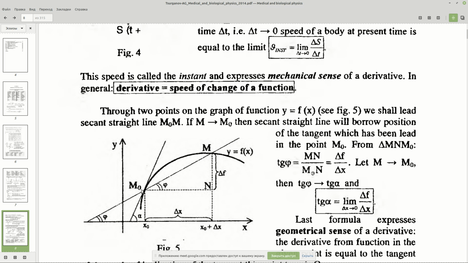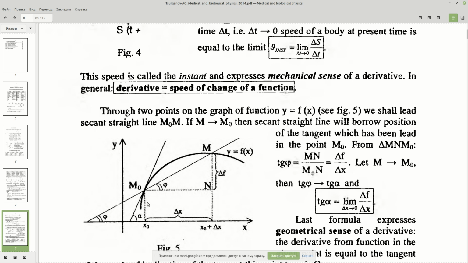Here are the projections of it. Here is M0, x0, and M, which will be x0 plus this delta x, and the delta x here is the interval of the change of the argument of the function.